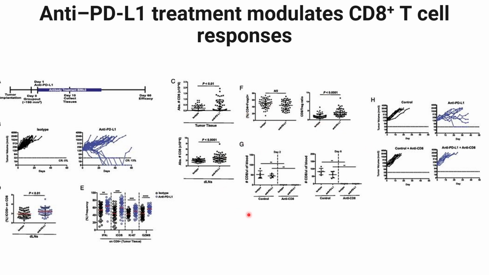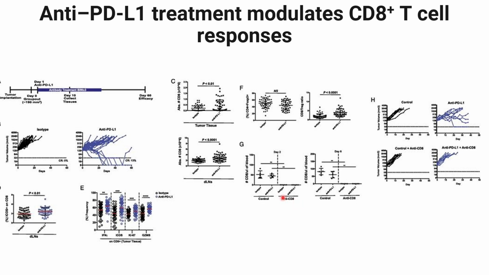And when they check the CD8 plus content in the overall blood, they can see that in the case... when they check the CD8 plus content, they also did the experiment where they treat the mouse with anti-CD8.